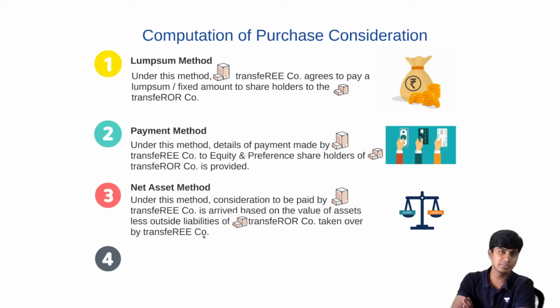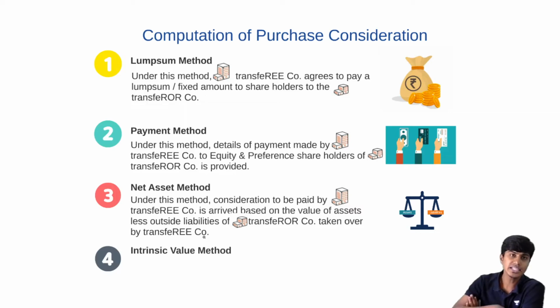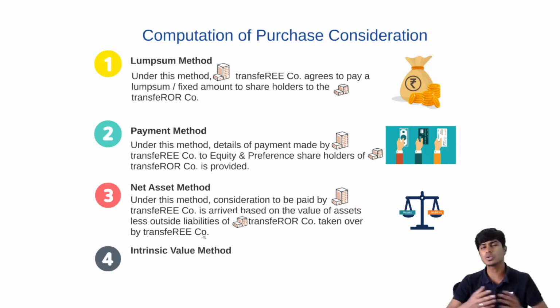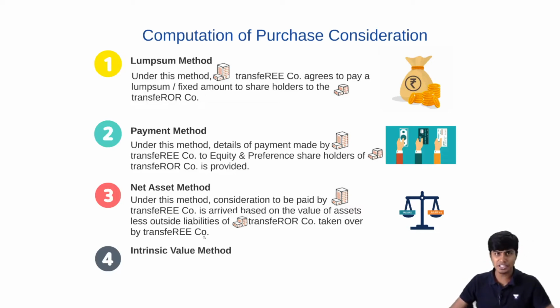That is the third method, the net assets method. Then we have the last one, method number 4 for computation of purchase consideration. What is the fourth method? This is called the intrinsic value method. You can also call this the balance sheet approach or balance sheet method.